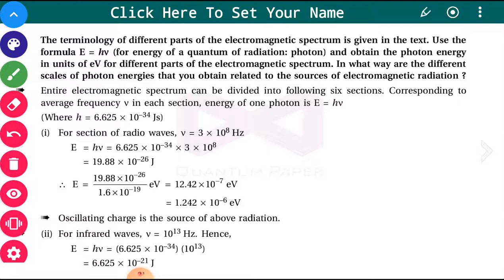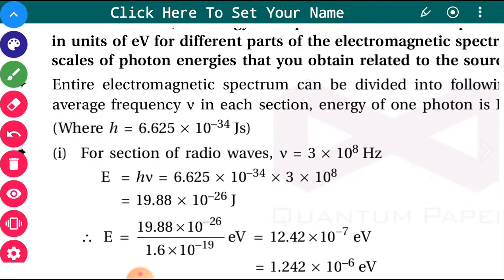In what way are the different scales of photon energies that you obtain related to the source of electromagnetic radiation? Now h is the Planck constant, which is well known to you, 6.625 × 10 to the power minus 34 joule second. And nu we have to take that of different waves.